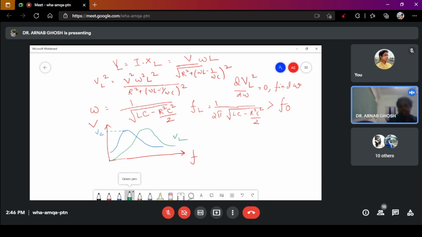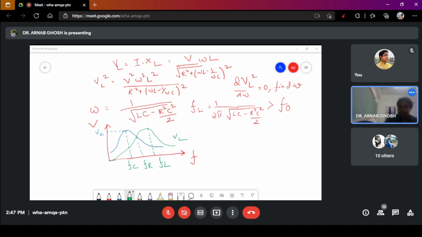Right, this is the curve of voltage with respect to frequency, and this frequency is Fc. This is the resonant frequency, and this is the frequency at which the inductance voltage is maximum. This is the curve of voltage versus frequency.